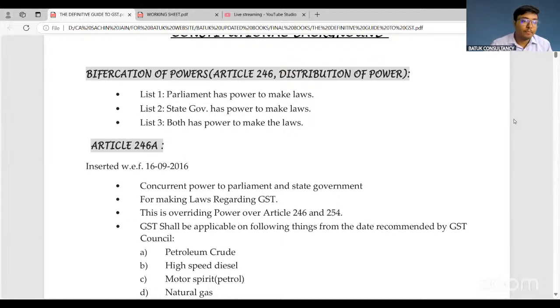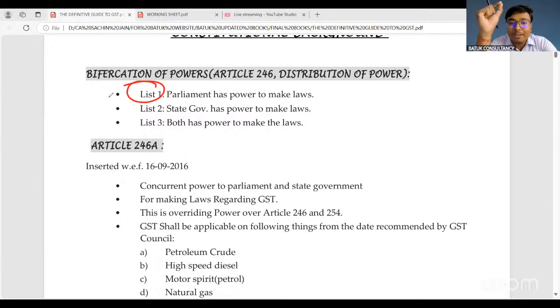In the first list, they have provided a list of activities: if there is a matter related to these specific activities, then the Parliament has power to make the laws. In List Two, they have provided the activities in which the state government has power to make the laws, and in the third list the activities in which both have power to make the laws.